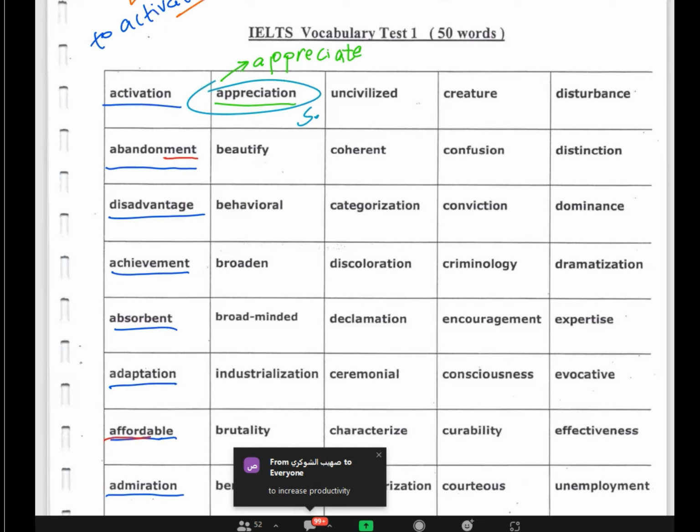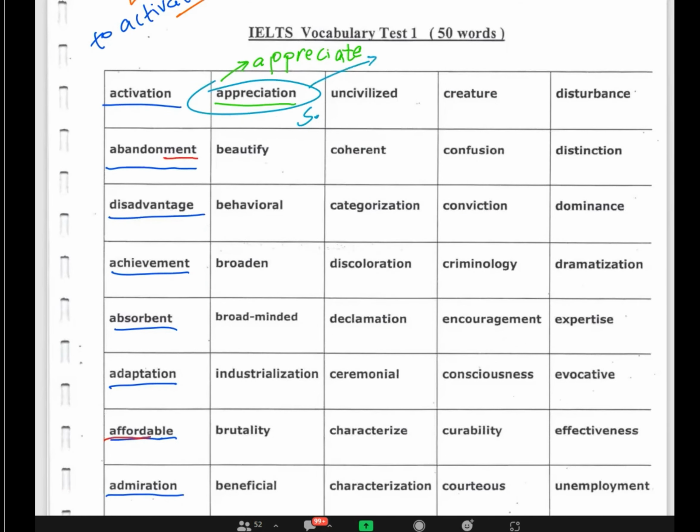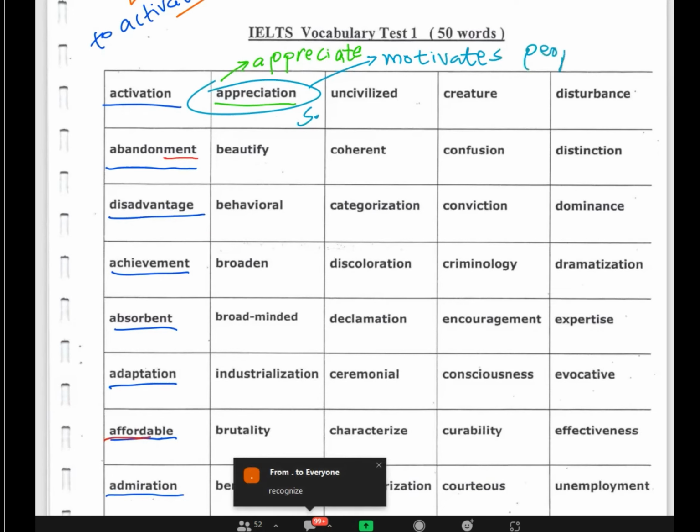It encourages or motivates. So appreciation motivates. It motivates people to do more and more, to succeed. But if there is no motivation, nobody will work hard.